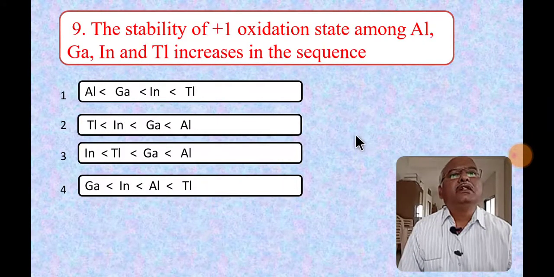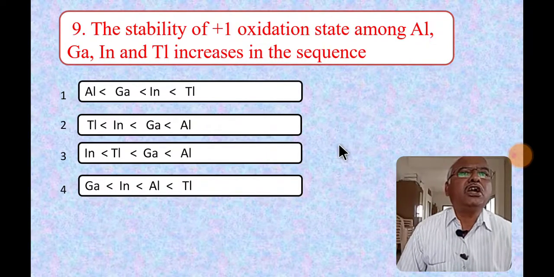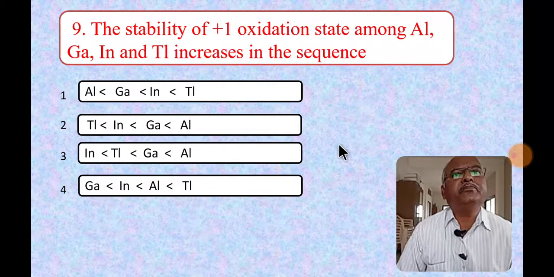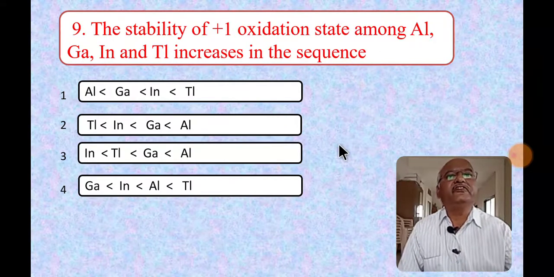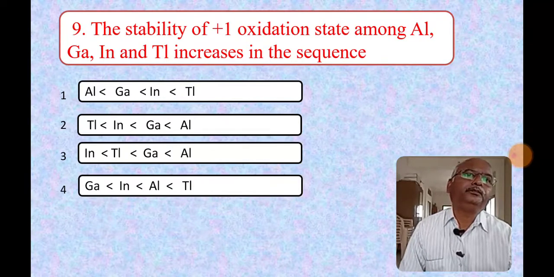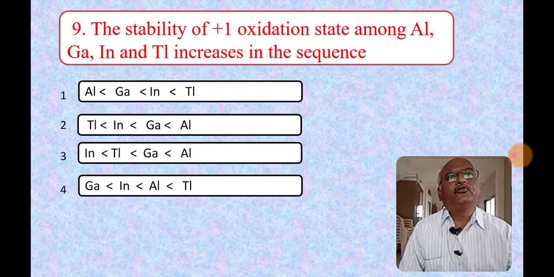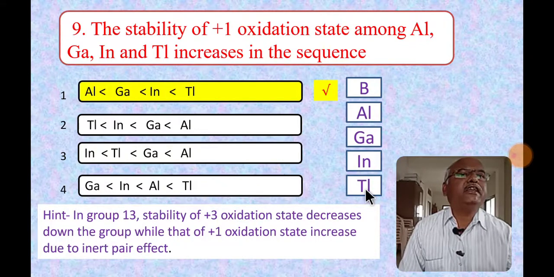Ninth question, the stability of +1 oxidation state among aluminium, gallium, indium and thallium increases in the sequence. Read the options carefully. Choose the correct option. Option 1 is the correct option. These are the elements belonging to boron family. Boron, aluminium, gallium, indium, thallium.